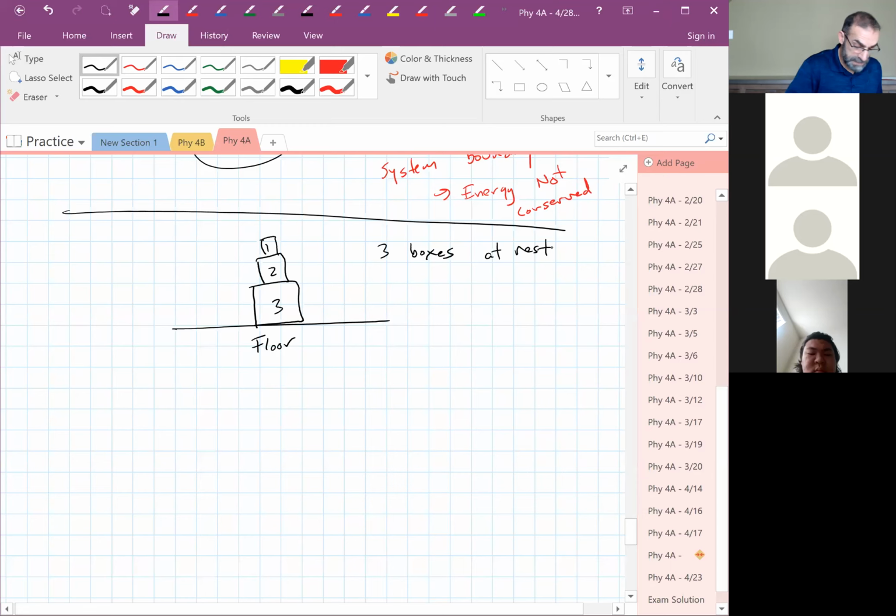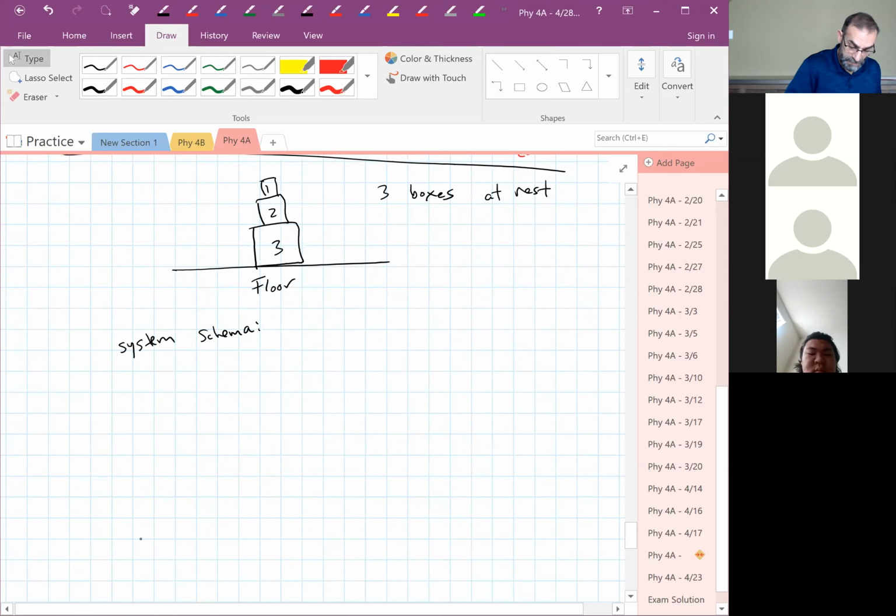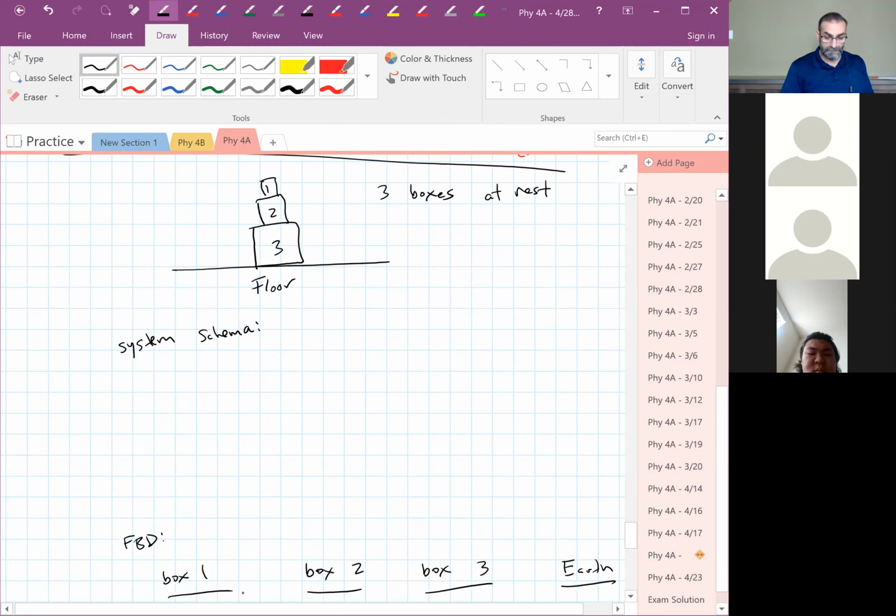Draw the system schema, and then we'll draw our free body diagrams for each of these boxes and the earth. And maybe you'll see where this is useful.